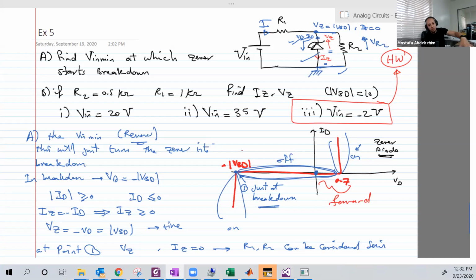So this will be for you. Whatever you choose to do, whether to determine the minimum input required for the zener to conduct in forward, or assume some assumption and prove or disprove it, it's up to you. This is your homework, okay?